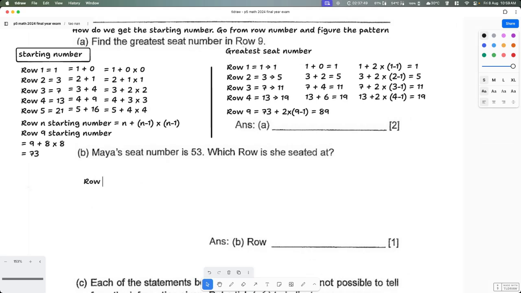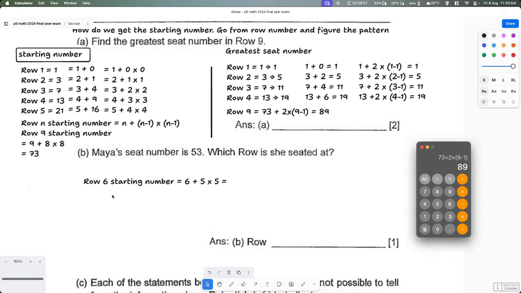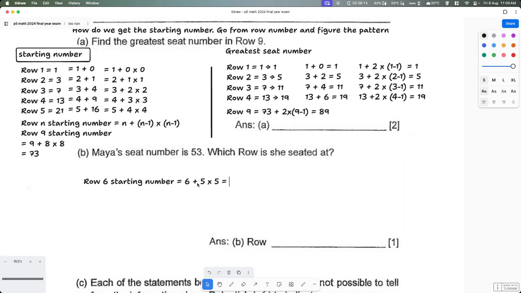So let's say row 6 is equal to, basically, starting number is equal to 6 plus 5 times 5. In this case is 31, right? So not row 6. Okay, let's go to row 7.